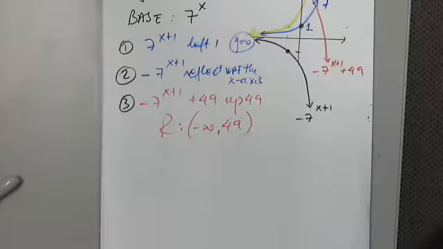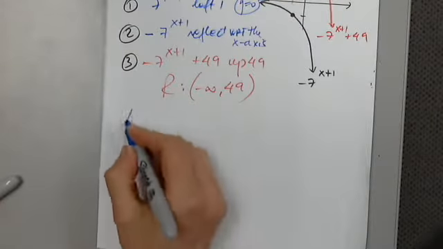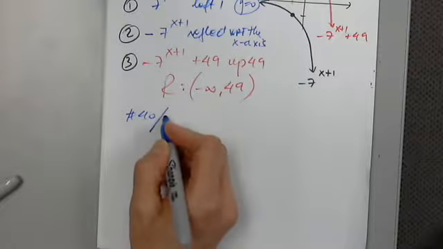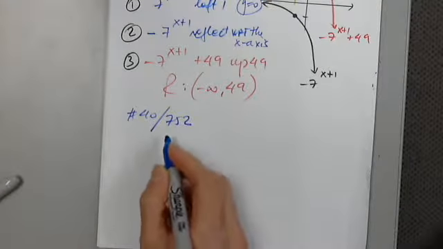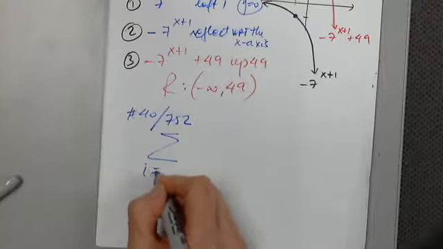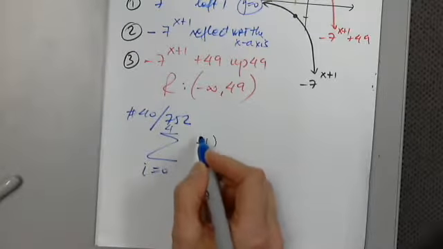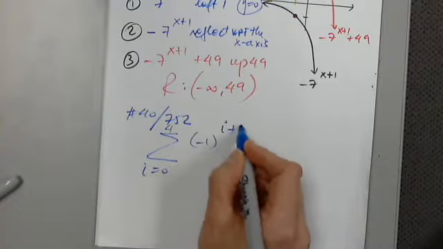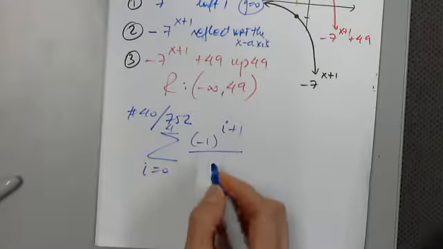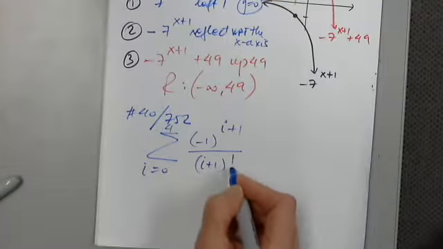Okay, very good. So here is one problem, number 40 on page 752, in which we have a sum from i equals 0 through 4 of negative 1 raised to i plus 1, everything divided by i plus 1 factorial.